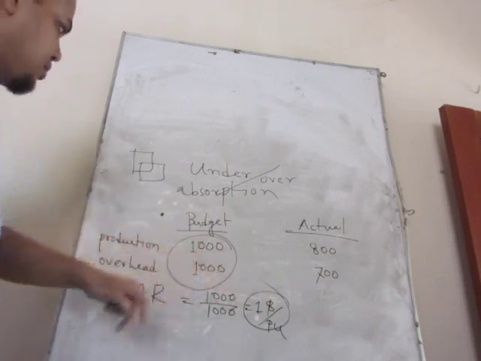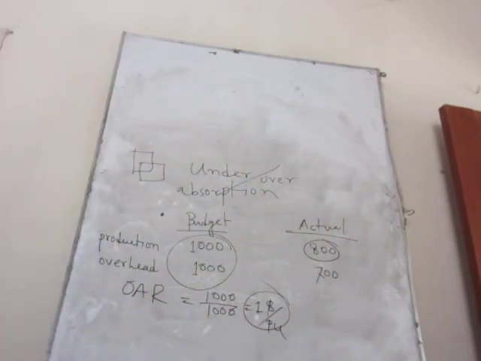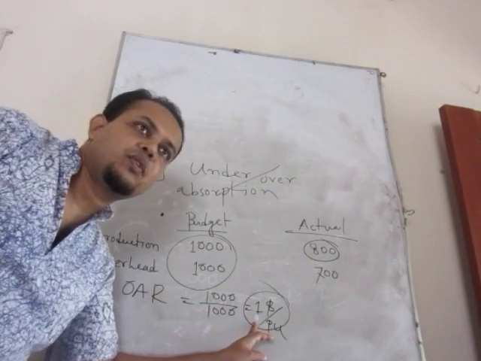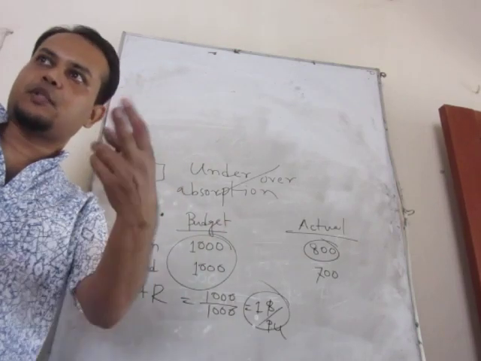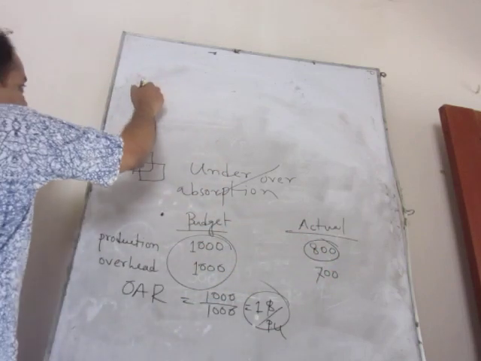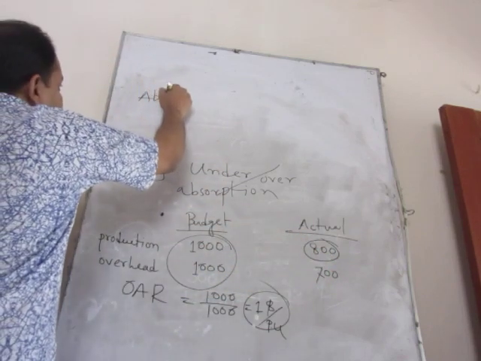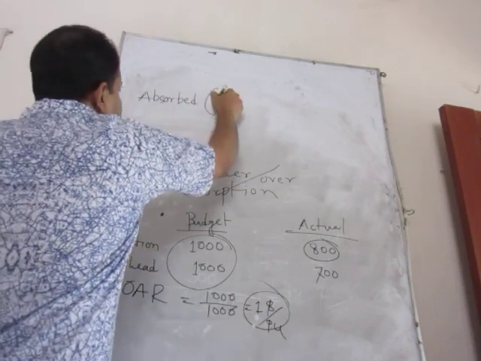Here, in this situation, you are actually producing 800 units. So according to your expectation, how much overhead should be charged there? That is called absorbed.